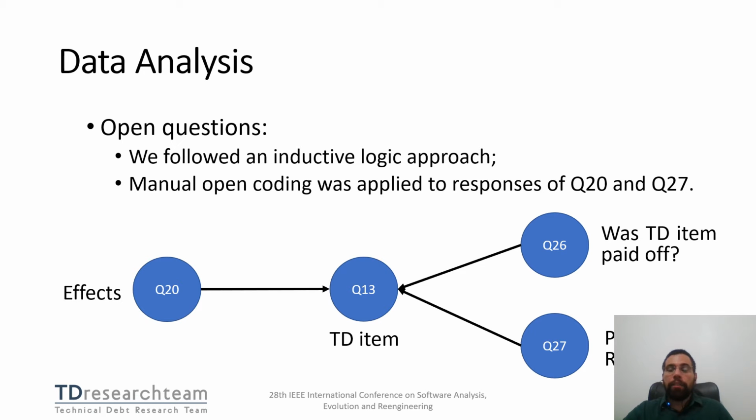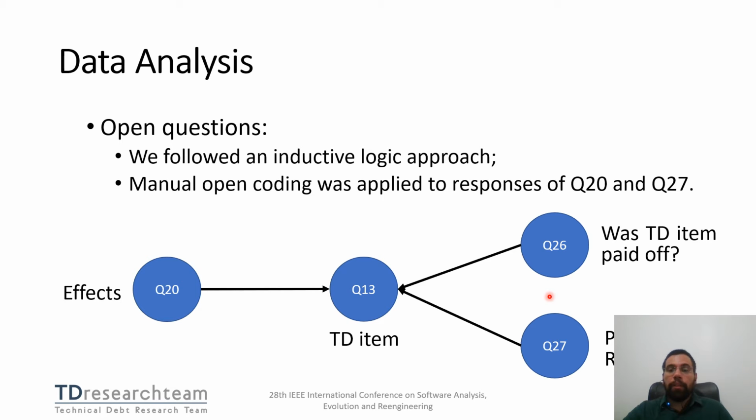We applied open coding to answers given to question 20 and question 27. From question 20, we identify a set of effects that the participant felt due to the item described in question 13. About the practice and the reason, in question 26, the participant indicated if the item described in question 13 was paid off or not.